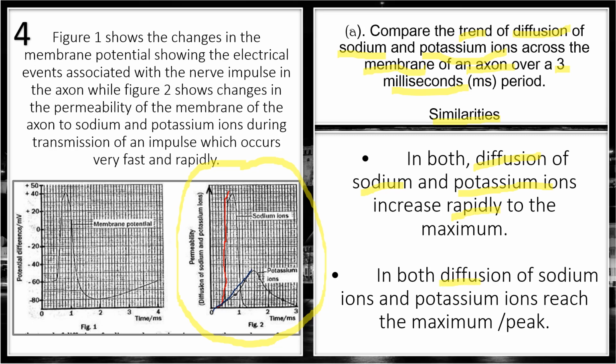So in both diffusion of sodium and potassium ions, they reach the maximum peak. Sodium reaches the maximum peak, and potassium also reaches the maximum peak.